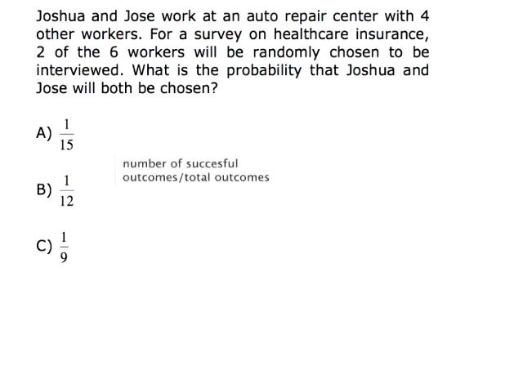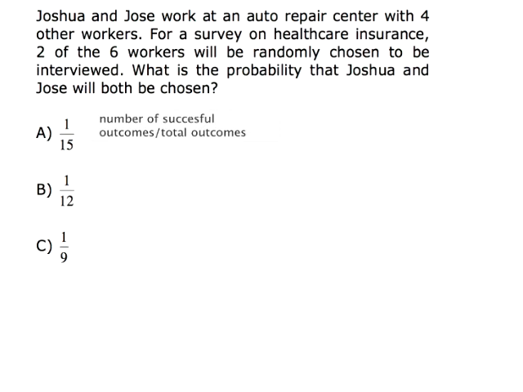Not sure what you mean there by expected outcome times total, but that doesn't sound like anything I did in 6th grade. But yeah, you just count stuff. This is ultimately what probability is.